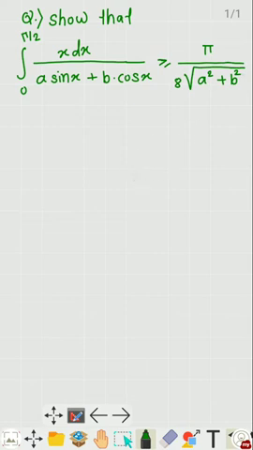Okay, so we have to prove this inequality. So let us write the answer of this question.